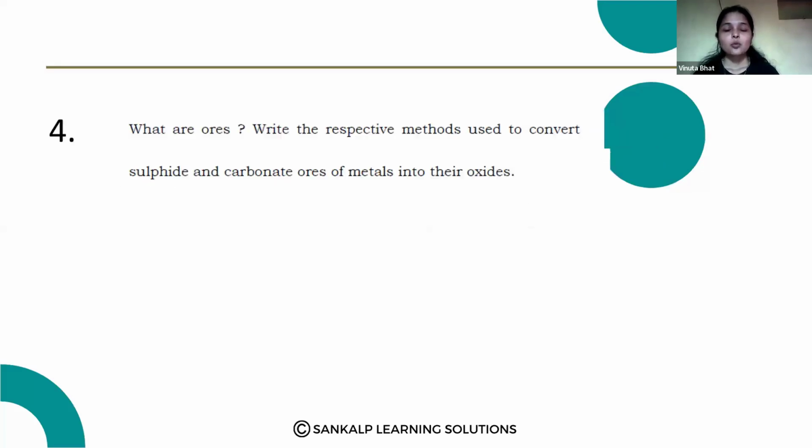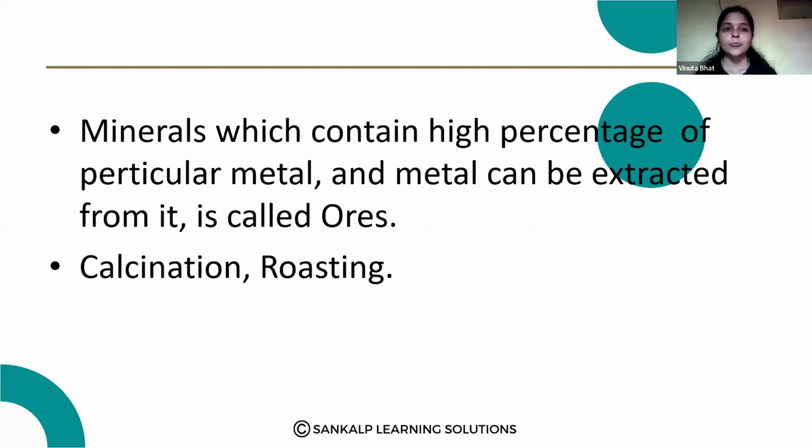Next question. What are ores? Write the respective methods used to convert the sulfide and carbonate ores of metals into their oxides. Here again, how the sulfide and carbonate ores are converted into their oxides is asked.